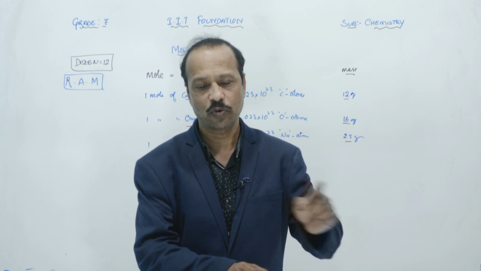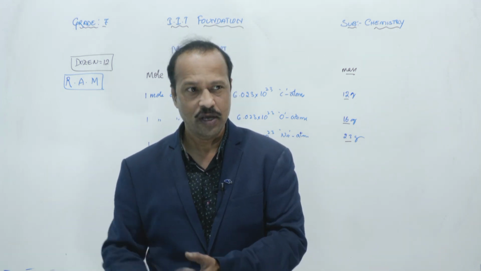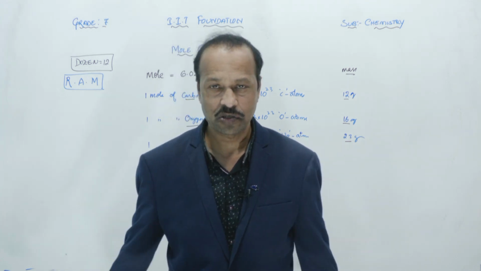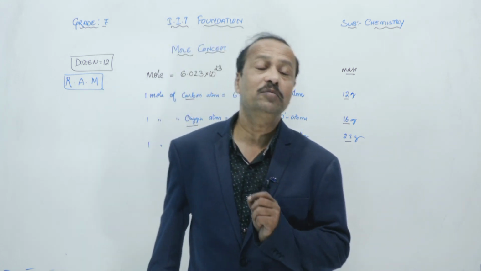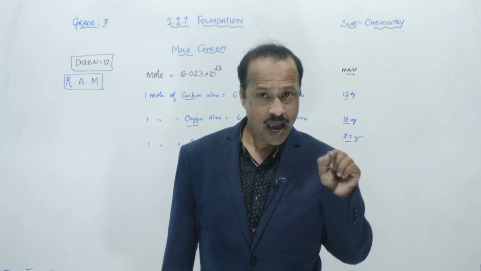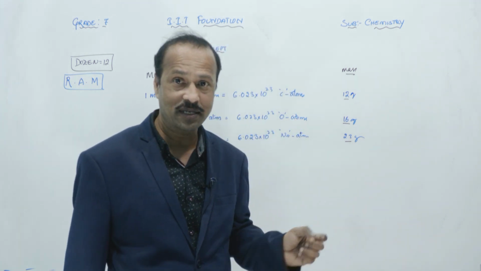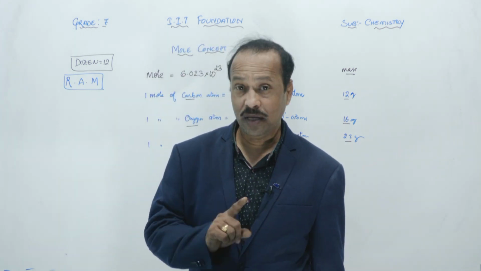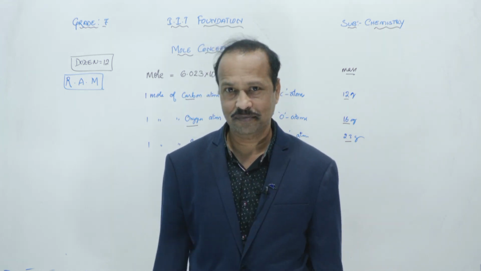If your table consists of 3 times your scale, then 30, 30, 30, so total 90. So I say this is 90 centimeters, sir. 90 centimeters means you are taking 1 centimeter as the standard and multiplying by 90. 90 times of 1 centimeter is equal to 90 centimeters.